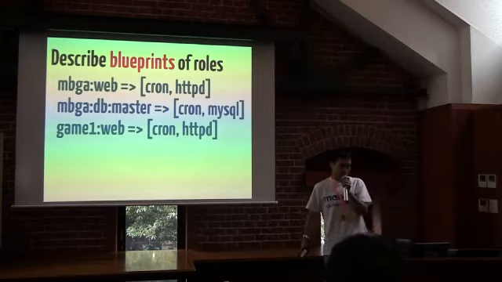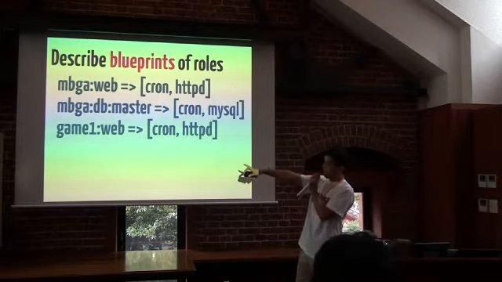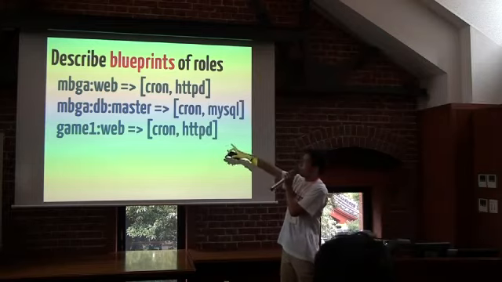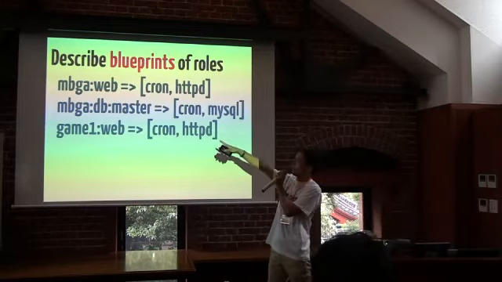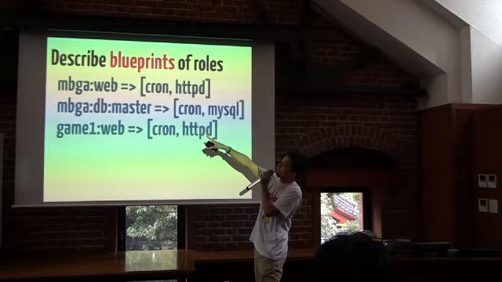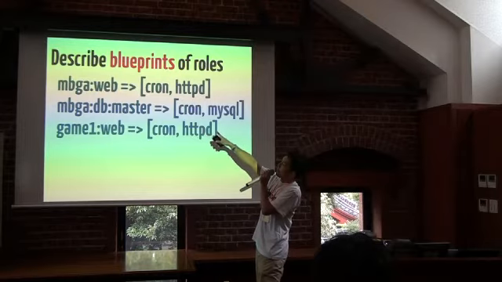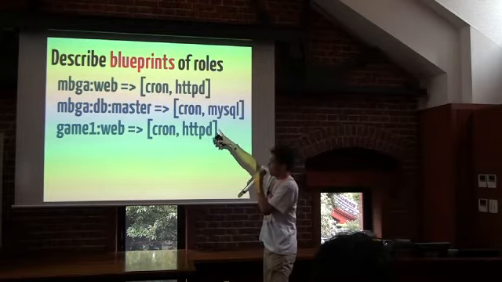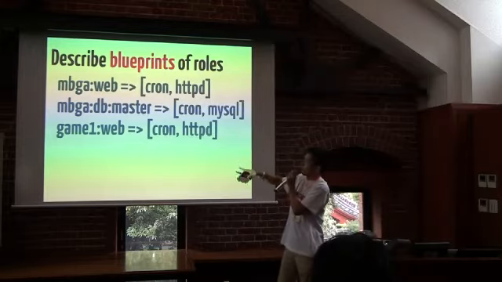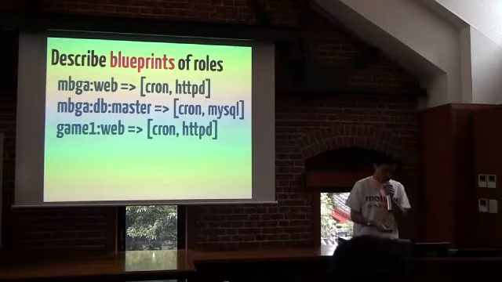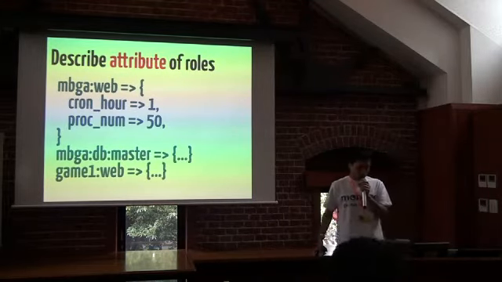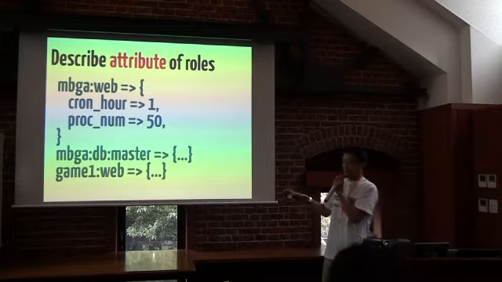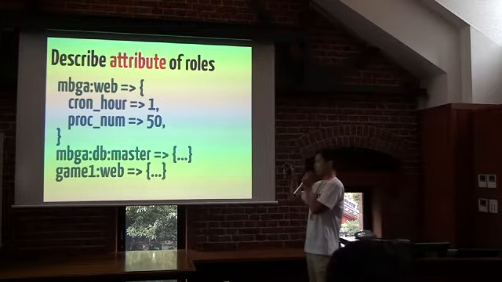And also in Torio, you can describe the blueprints list for a role. So a mobile game web server should install the cron and the HTTP, or database master the cron and MySQL or something. And also you can add the attribute. So attribute is very important information.